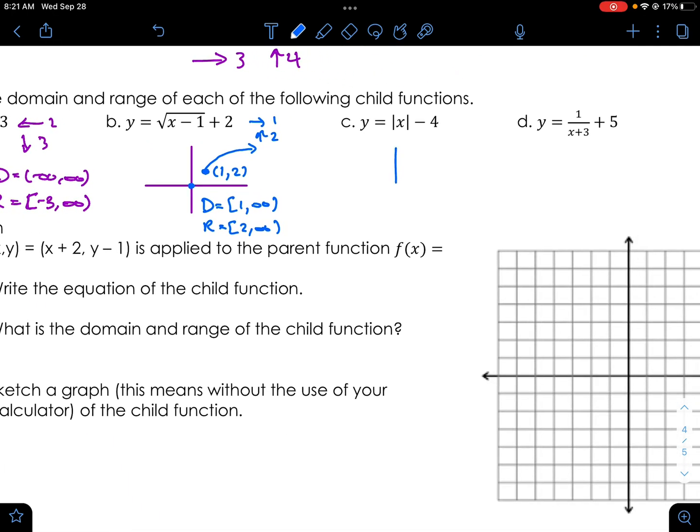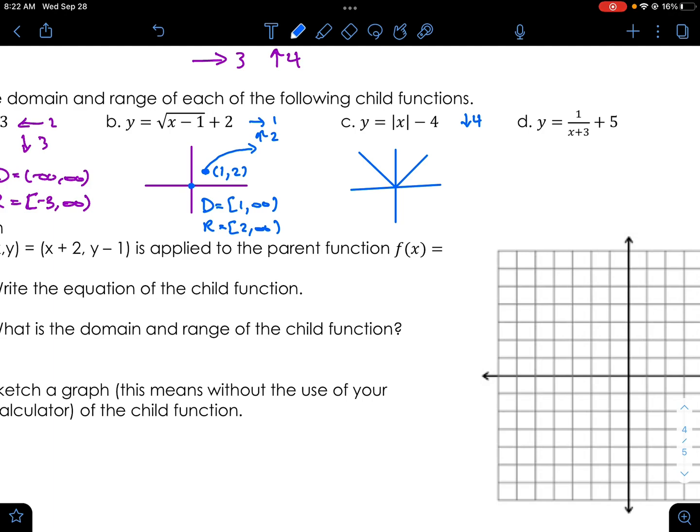If you look at the function y equals the absolute value of x minus 4, again, this is the absolute value function, so it looks something like this. So there's our function. And then what has happened here, nothing has moved left or right, but we're moving down 4.